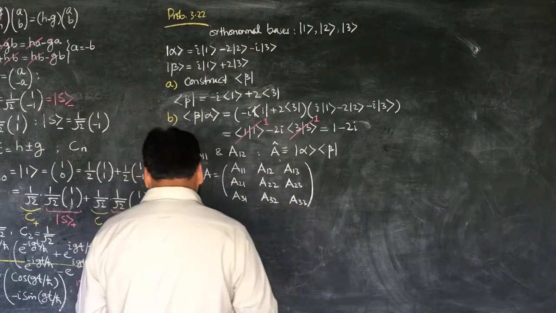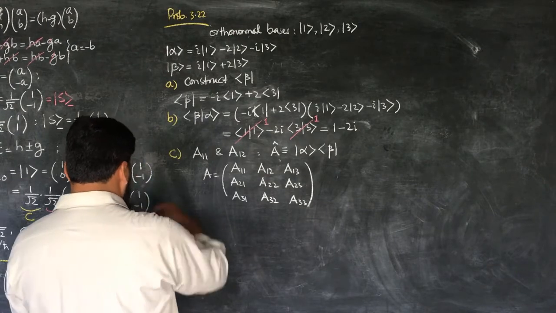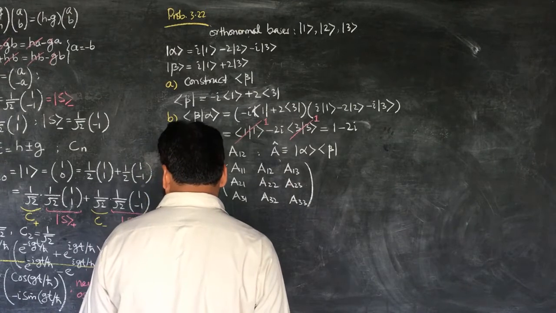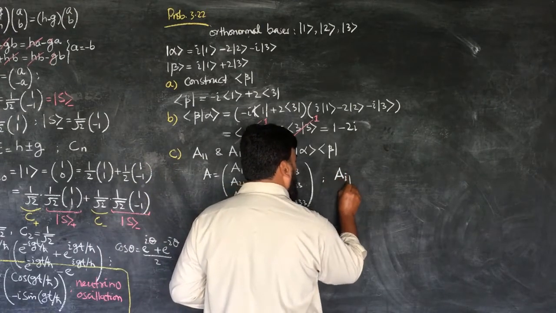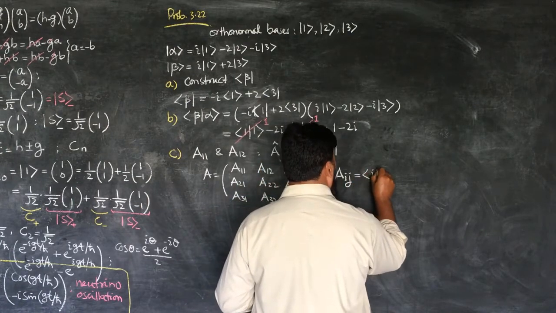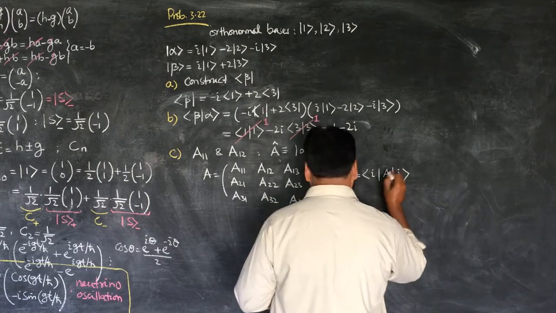This is the A matrix, and we will have to find all the matrix elements such that any matrix element Aij is equal to <i|A|j>.